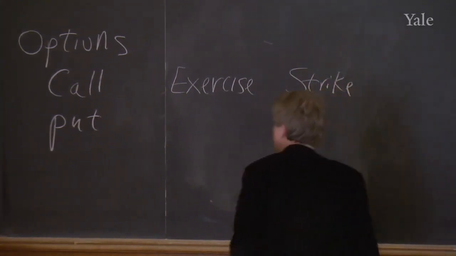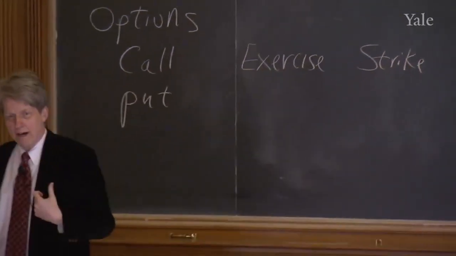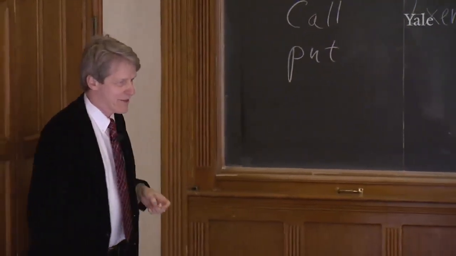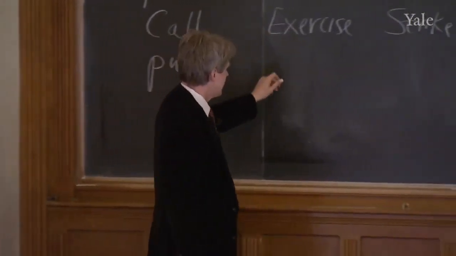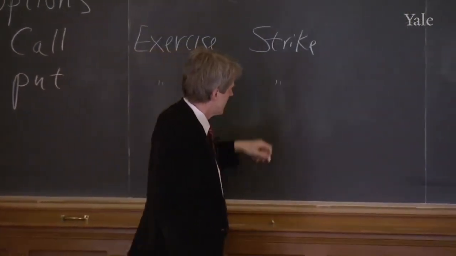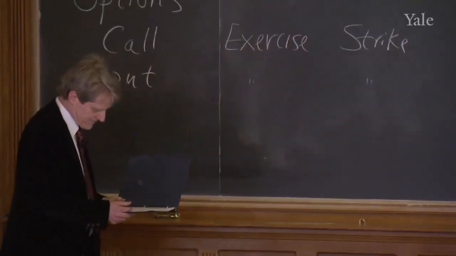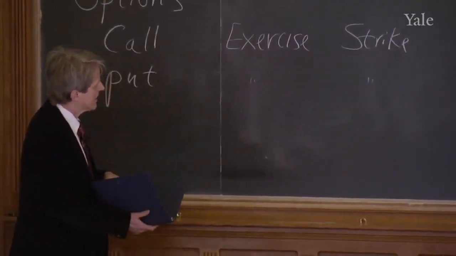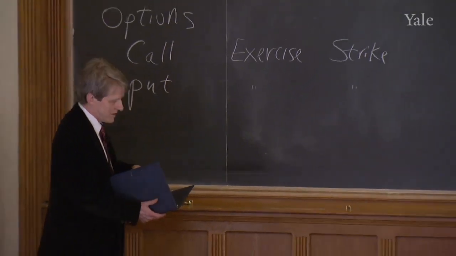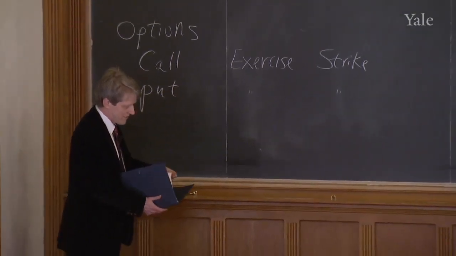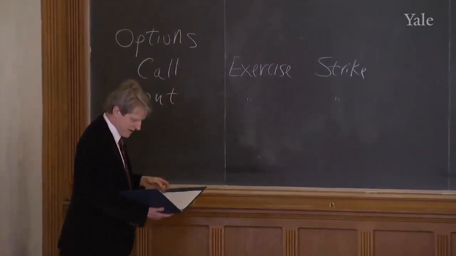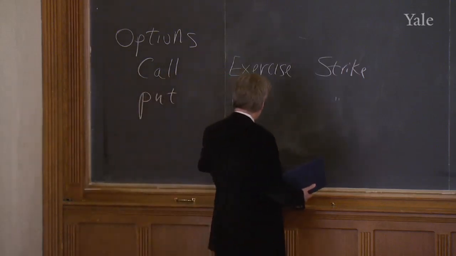Those are synonyms. And a put option is the right to sell something at the specified exercise price. And there's another term that has to be specified, and that's the exercise date.